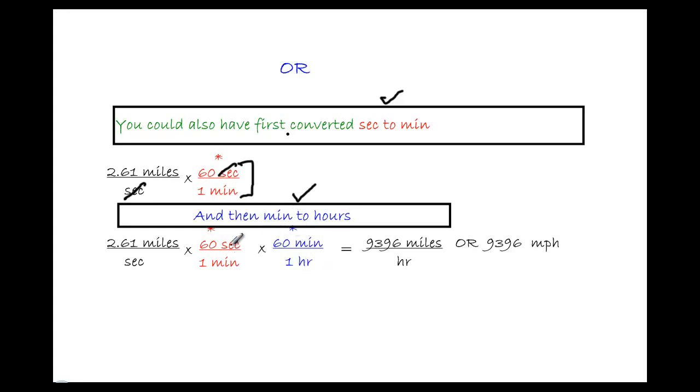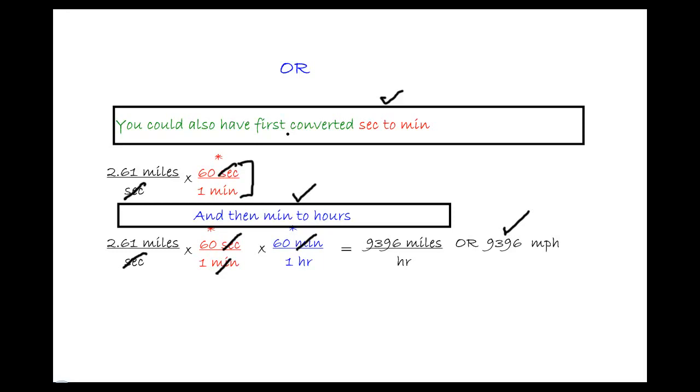I would multiply by 60 minutes per 1 hour, and then the minutes would be canceled. So I'd wind up with seconds canceling here, minutes canceling here, and I'd wind up on top with 2.61 times 60 times 60 miles, and the unit on the bottom is hour per hour. And once again, I would wind up with 9,396 miles per hour.